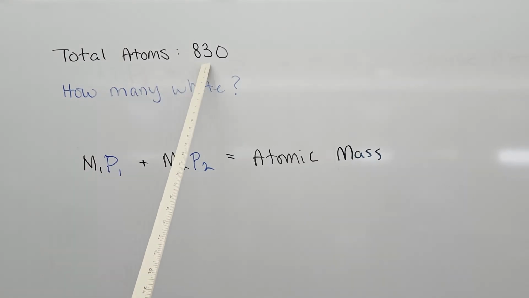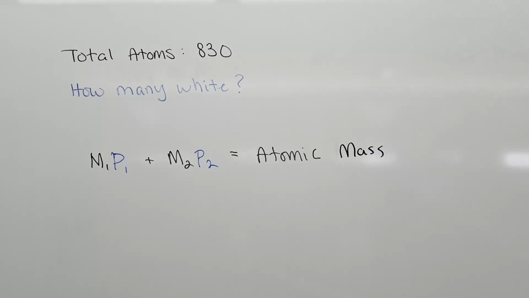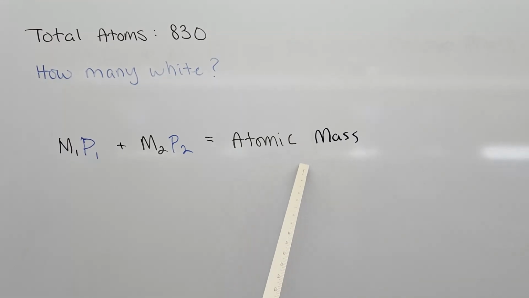Since I know the total number of atoms in my bin, 830, if I can measure the total mass of all the atoms, I can calculate the average mass.